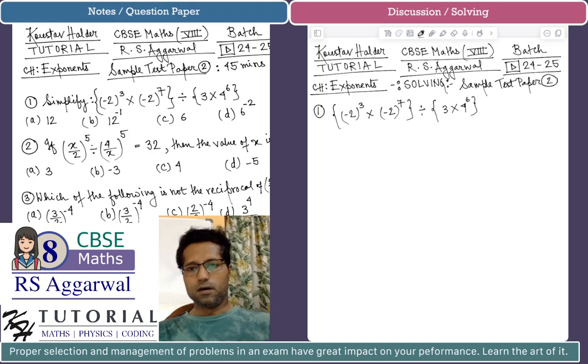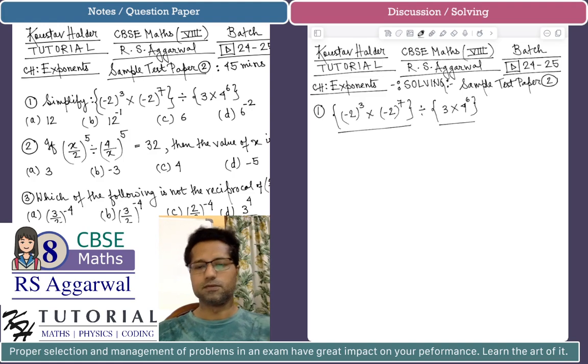Now in this kind of expression, always try to evaluate the expressions inside any bracket first, and then you apply the multiplication or division. So we can see that the whole expression is a division of two numbers. The first one is this and the second one is this.